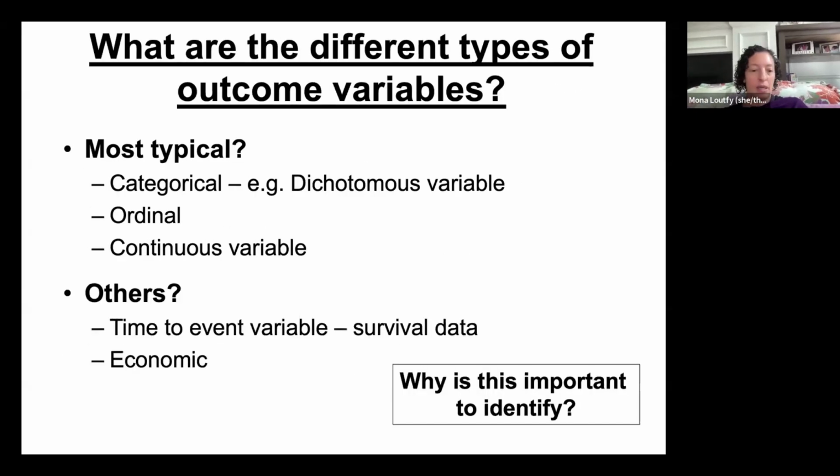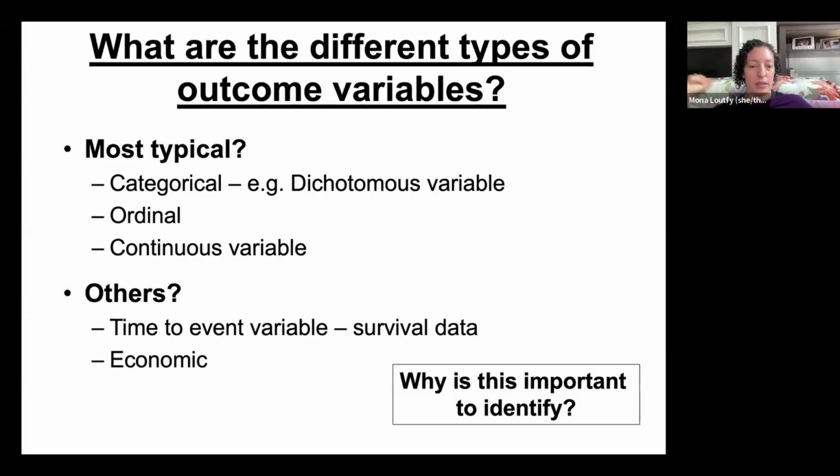But there are other types of variables. There could be survival data, which is a time to an event variable. Survival analysis is used a lot in cancer treatment. So we look at a chemotherapy and we look at the time of survival. How long did it prolong someone's life?